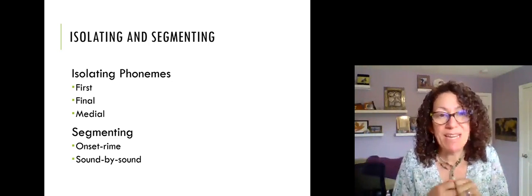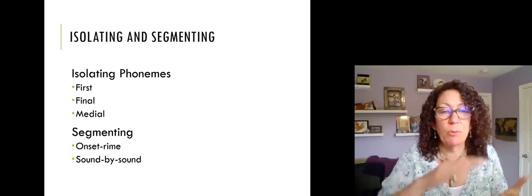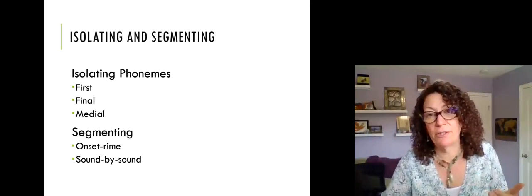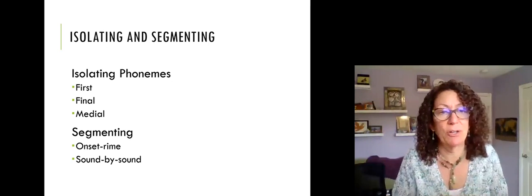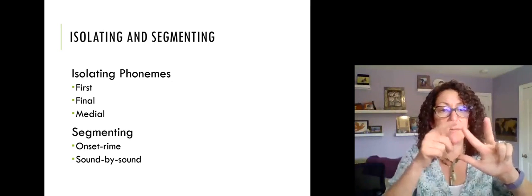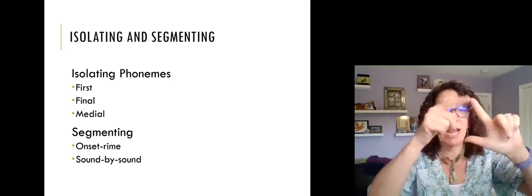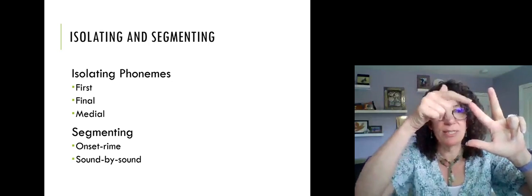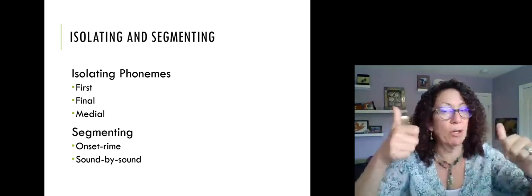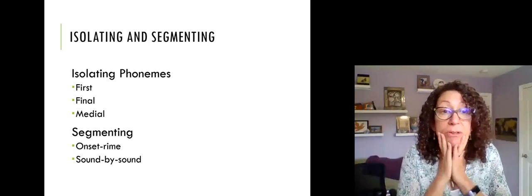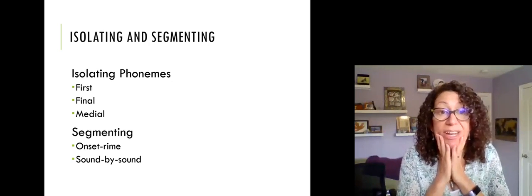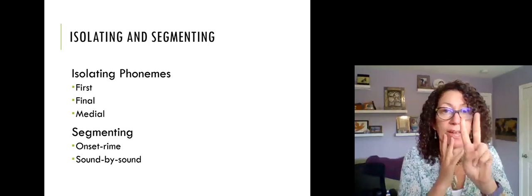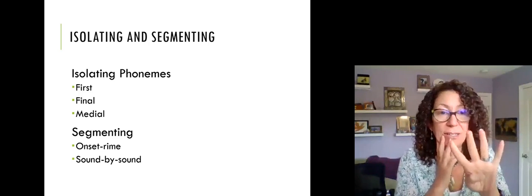And then medial is the middle. And it's usually we work on first, we work on final, and then we go to the middle because it can be harder. Lake. Lake. Which does this sound? A. Perfect. Notice another thing with phonemes. You all know that lake has 4 letters. L-A-K-E.